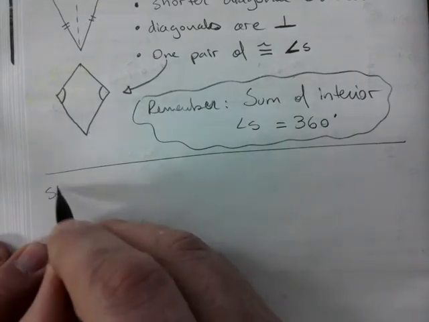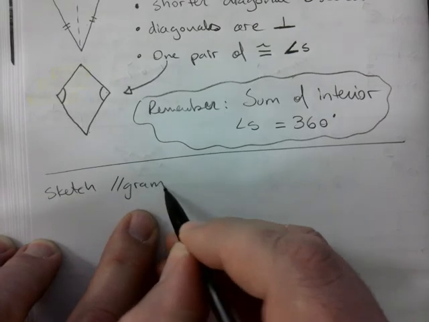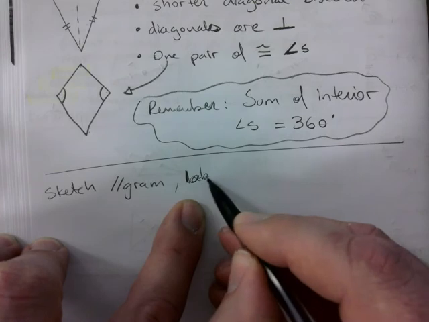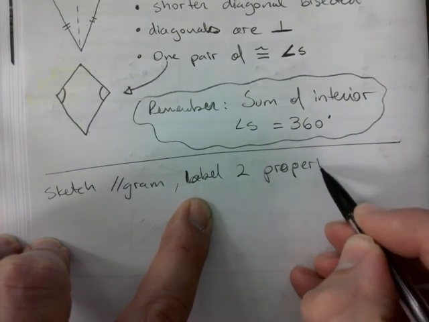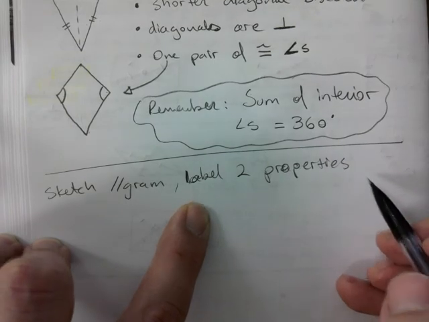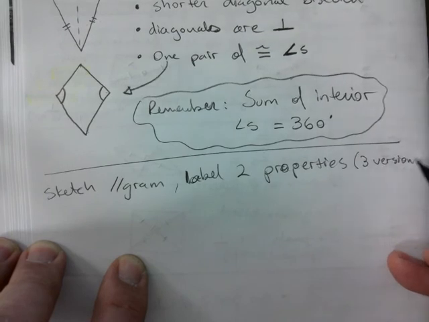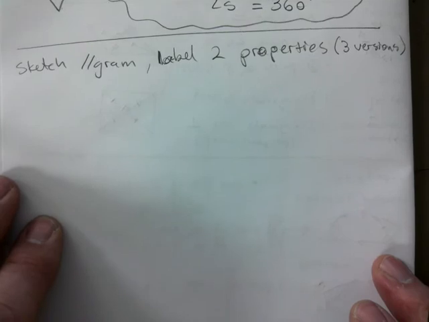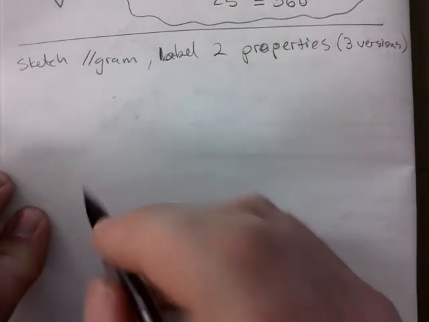So sketch a parallelogram, label two properties. Give me three versions of that diagram. If I asked you for three versions of that diagram, what would it look like? I don't want you to just leave without anything to go with.